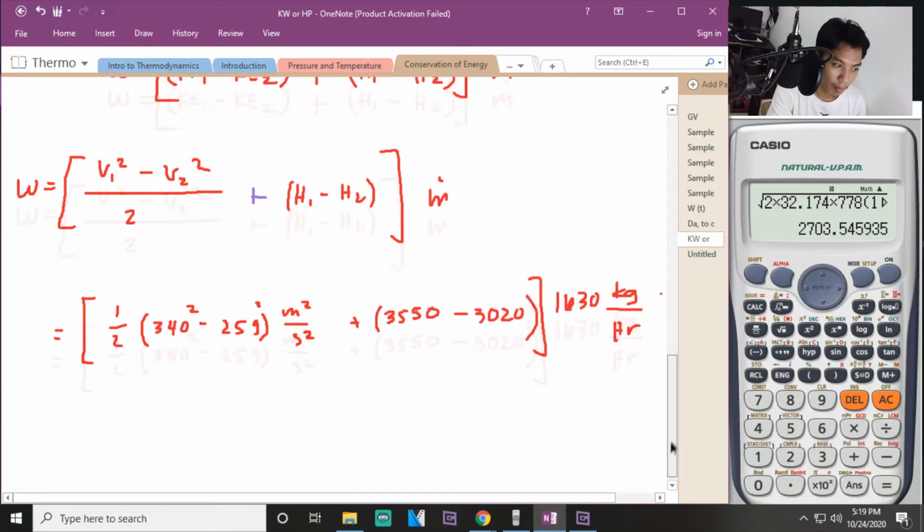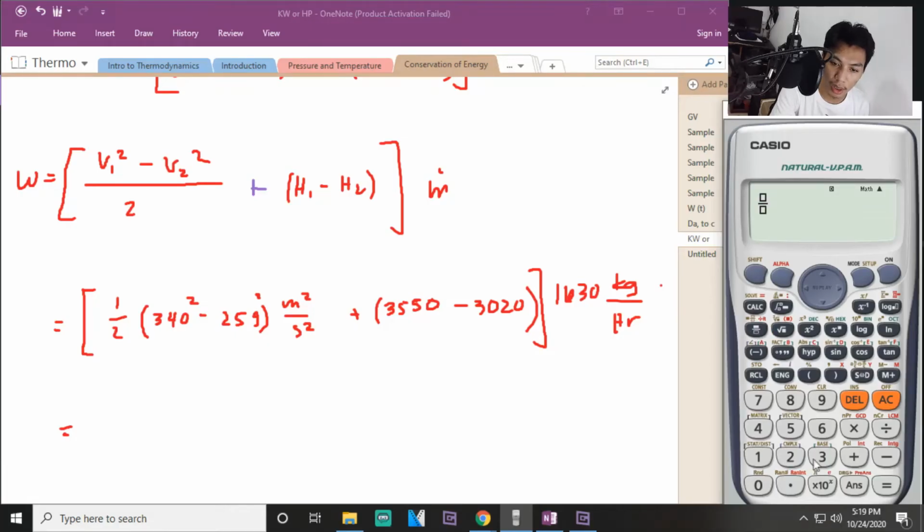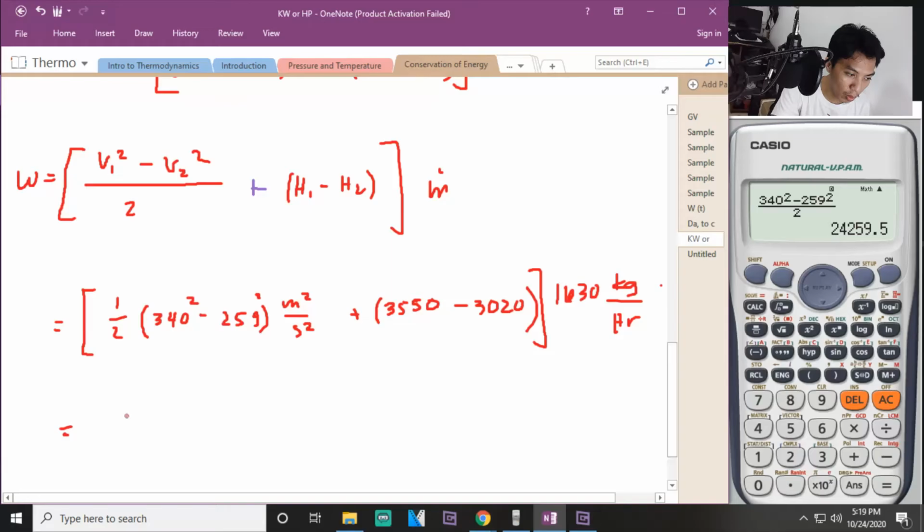Yan. Solve natin. Okay, so, simplify natin, ha. 340 squared minus 259 squared divided by 2. The answer is 24,259.5 meters squared per second squared.